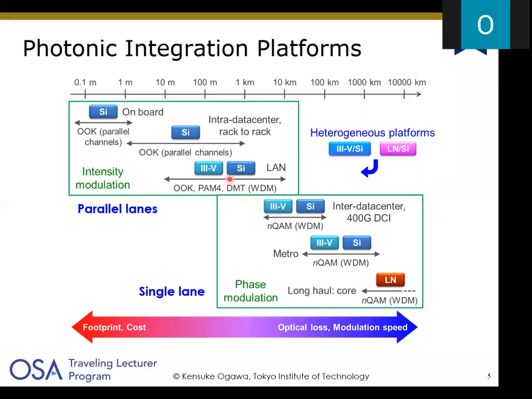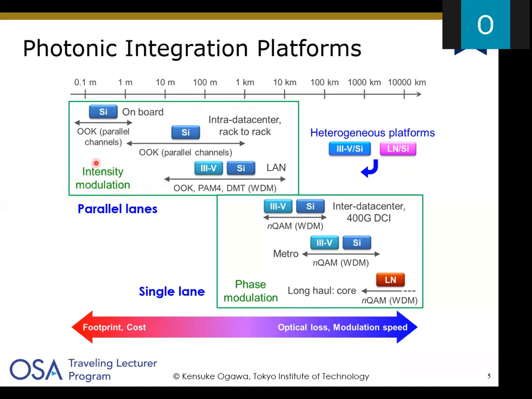So there are several integration platforms. If you classify these photonic integration technologies along the transmission distance for optical communications, there are two schemes of modulation or signal transmission.